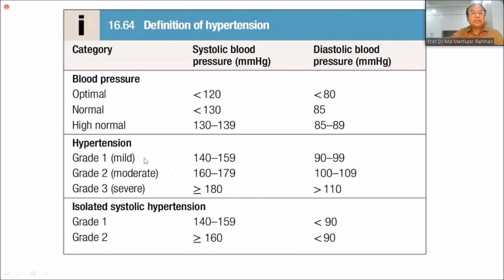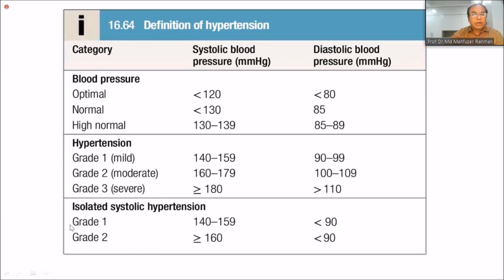And there are three grades. Grade 1 is systolic 140 to 159, diastolic 90 to 99. Grade 2 is systolic 160 to 179 and diastolic 100 to 109. And severe is grade 3, 180 or more and diastolic more than 110.